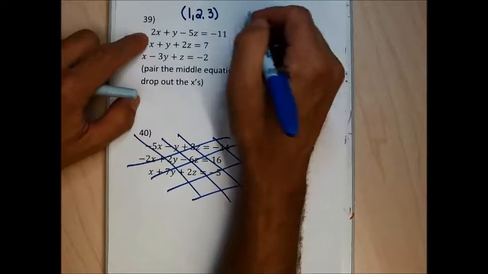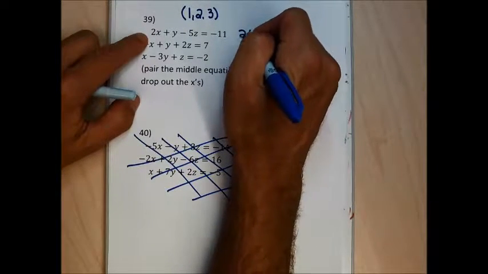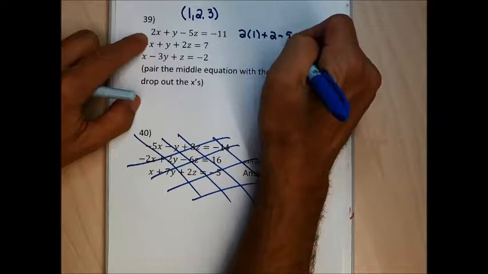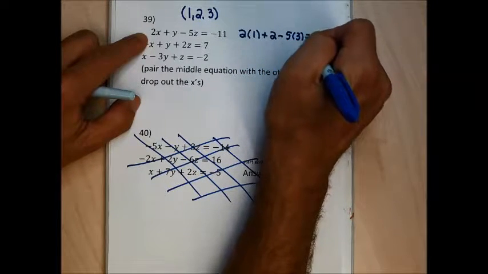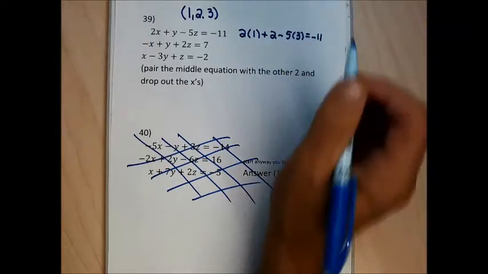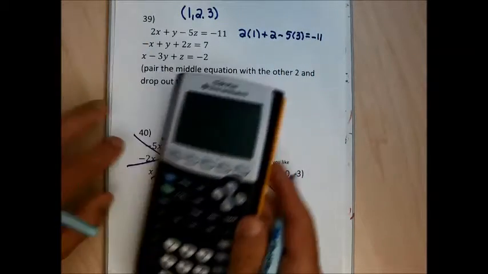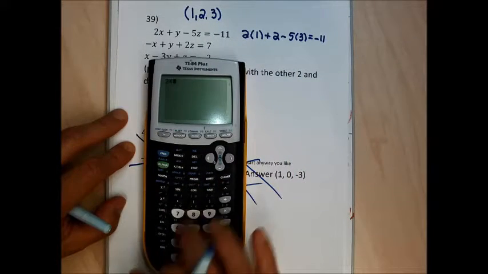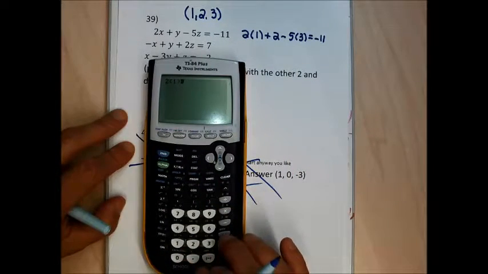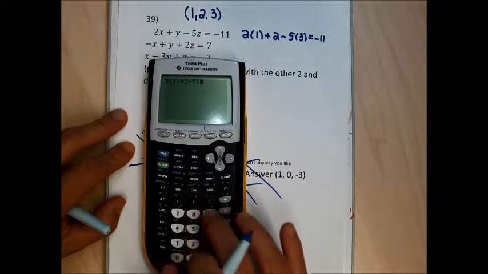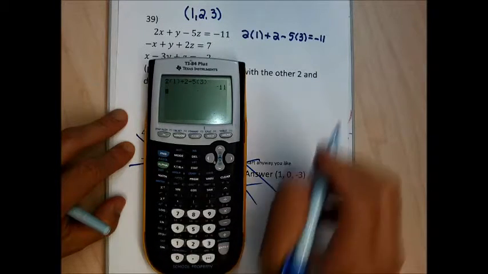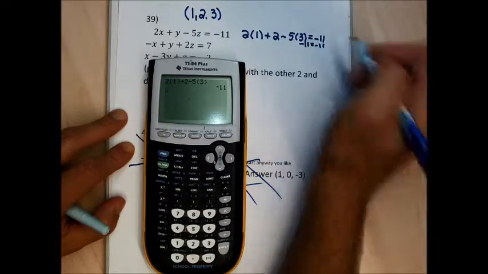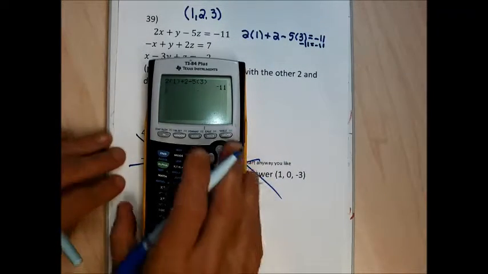I'm going to check in this top one and go 2 times 1 plus 2 minus 5 times 3 and make sure that that equals minus 11 using my calculator because I don't want to do this by hand. So by my calculator, going 2 parentheses 1 plus 2 minus 5 parentheses 3, and that gives me negative 11, and that matches the right side, so I know it checks in the top equation.